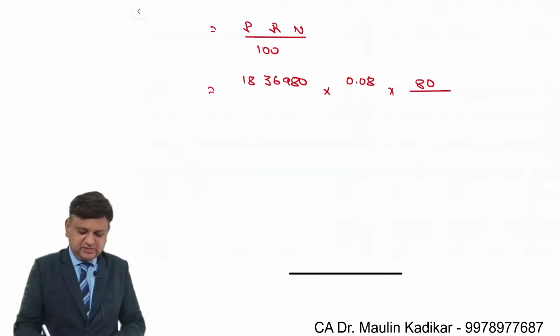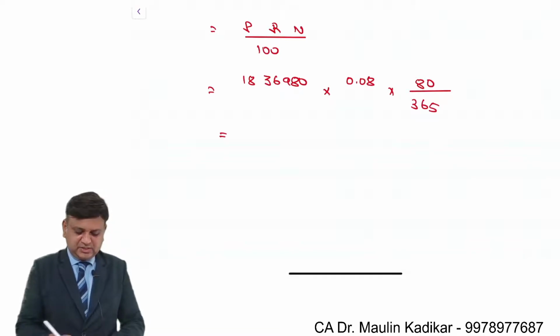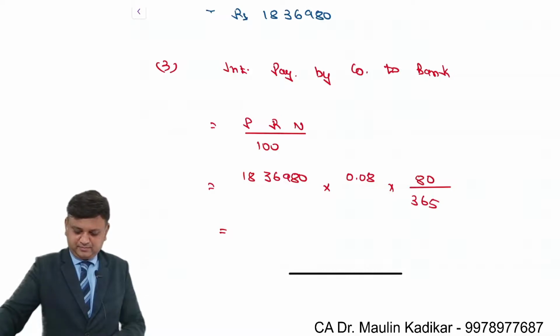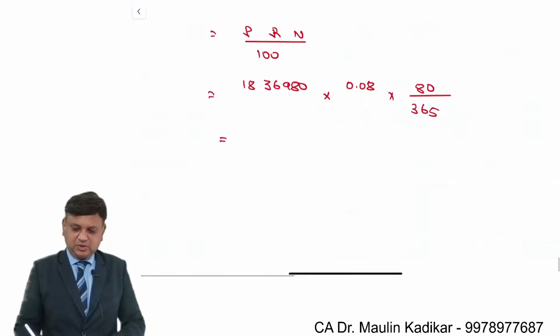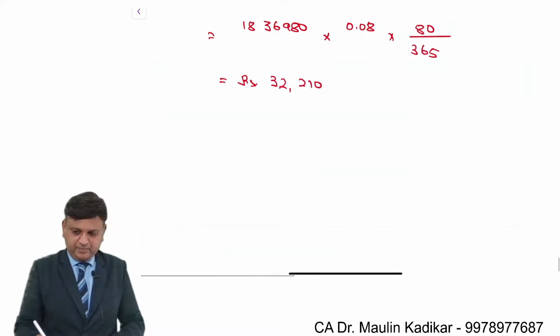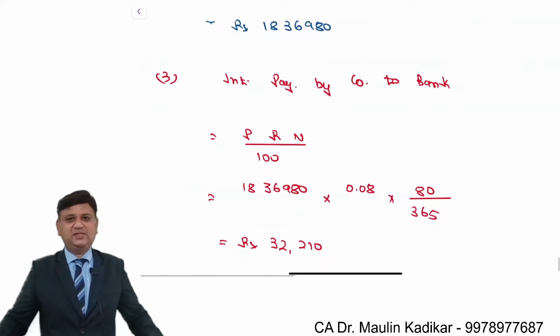And the question is specifically providing that you have to take 365 days, so there is no ambiguity. So 32,210.06, that does not make a difference.